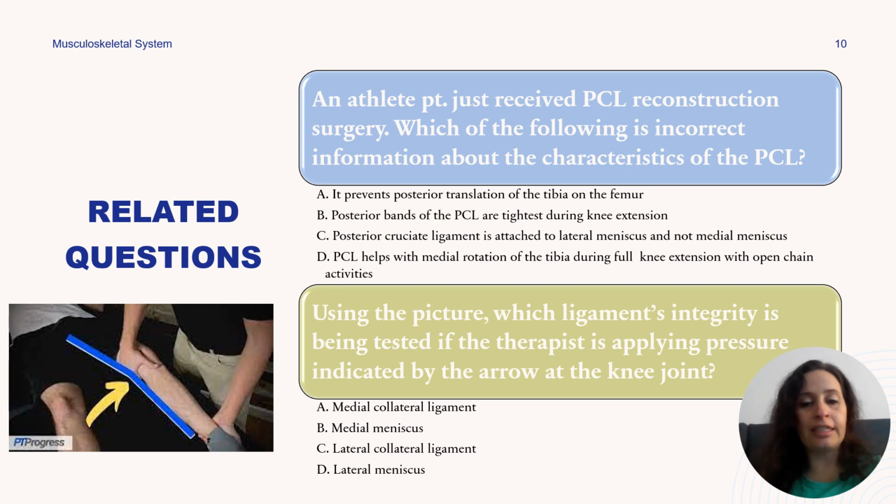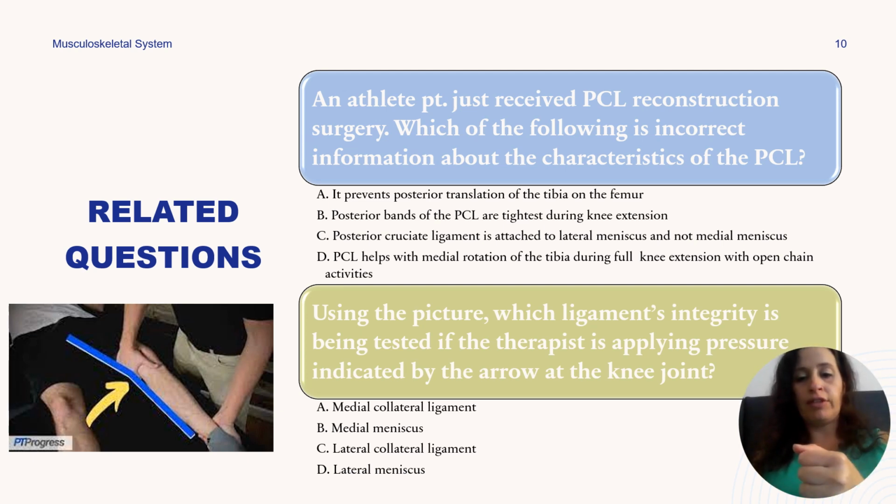And then D, PCL helps with medial rotation of the tibia during full knee extension with open chain activities. What they're talking about there is the screw home mechanism. Although knee rotation, medial and lateral, is not a full movement like hip internal rotation, there still is a little bit of rotation in the knee in the screw home mechanism.